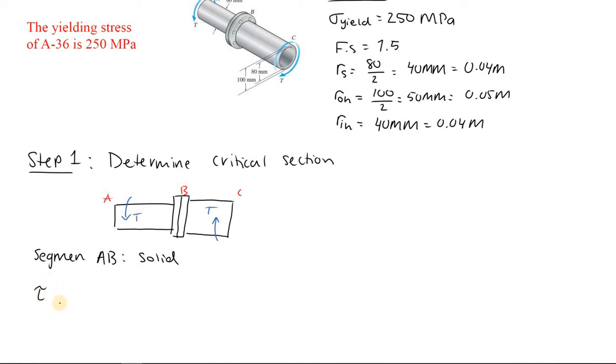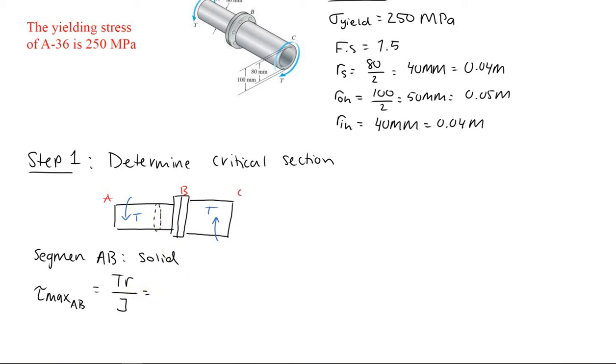So I want to look at the maximum shear stress in AB. I have my torque times the radius divided by the rotational moment of inertia of the cross section. The cross section in this case would then just be a circle.